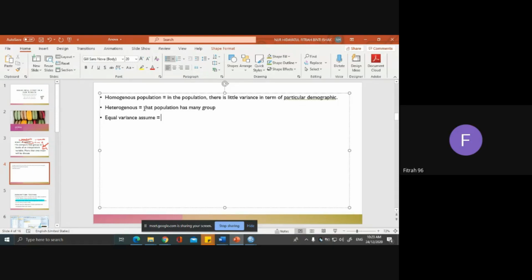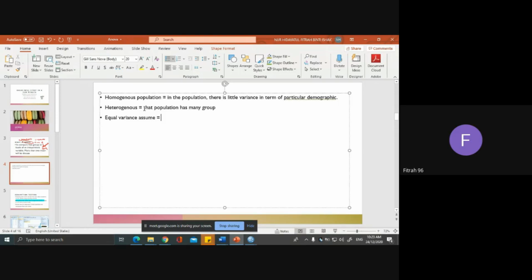So kita yang dipanggil equal variance assume the population has equal weight among them. Bukan maksud equal weight tu it mean that if I have 54, you must also have 54. You also 54. Jo Dante also 54. Sojin also 54. No. It mean that dia punya weight tu is not differ much from each other. Okay, so itu equal variance assume.